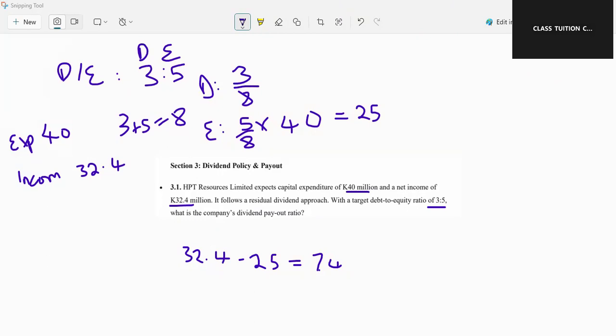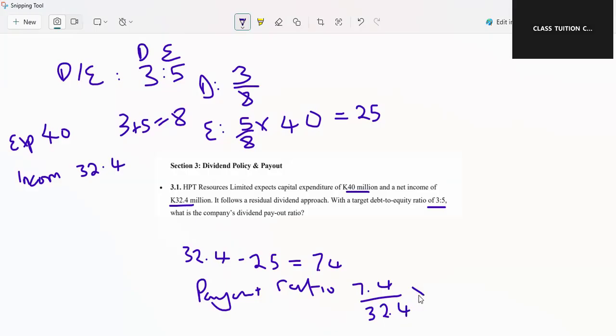So with the 7.4, we now need to calculate our payout ratio. The dividend payout ratio tells us what percentage of our income is paid as dividends. So that's 7.4 out of the total income. 7.4 over 32.4 times 100.